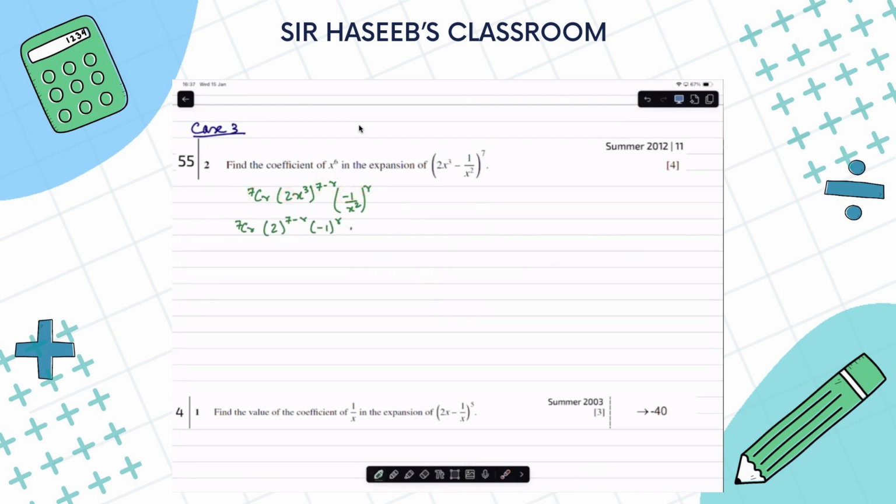And I'm going to separate the variables: x power 3 times (7 minus r), and x power -2 times r. These are basically your variables. So this is going to be x power 21 minus 3r and x power -2r. Makes it x to the power of 21 minus 5r. So far, so good?